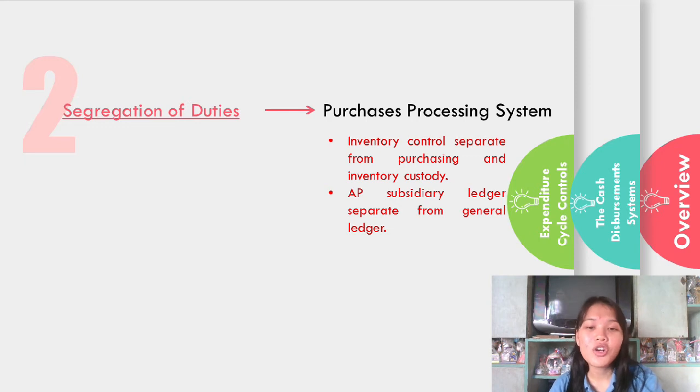As inventory control keeps the detailed records of the asset while the warehouse has custody, reconciling records to the physical count of inventory in the warehouse makes it efficient to know if what has been originally ordered was received in full, and the number of sold inventory against the number of inventory reduced in the warehouse. So if such duties are not segregated, it would be easier for an agent of the firm to commit theft and just record the remaining inventories compared to the number originally ordered by the firm.